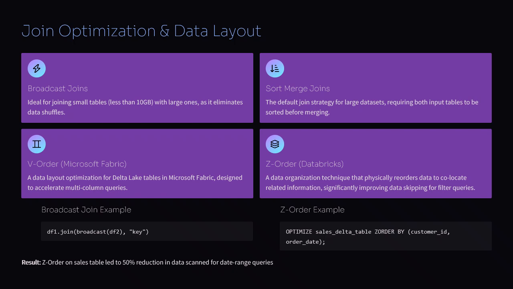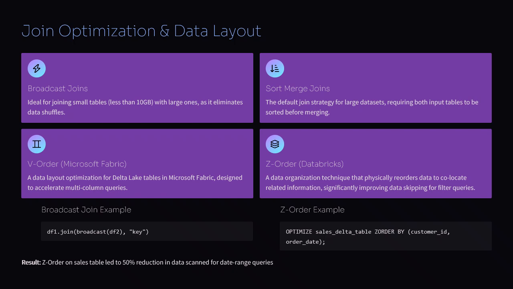Knowing when to apply each approach is critical. Broadcast joins work best with small dimension tables. Sort-merge joins suit large datasets. V-order clustering benefits complex multi-column filters, and Z-order clustering enhances performance for frequent predicate-based queries on Delta tables.